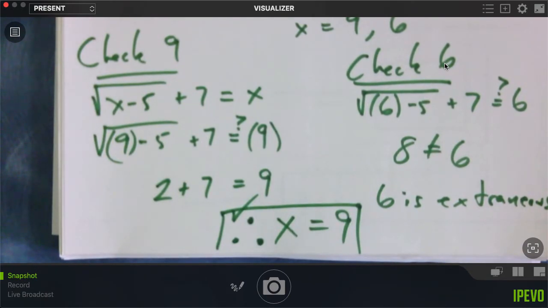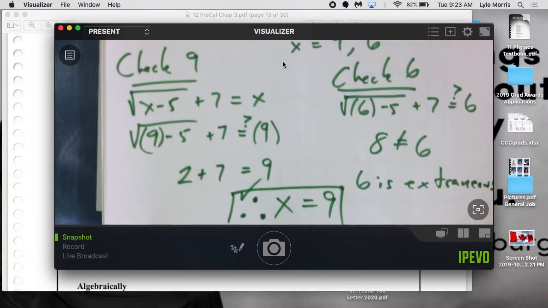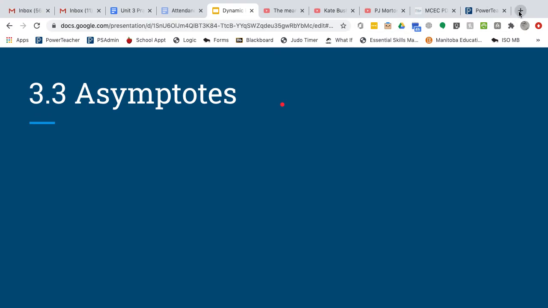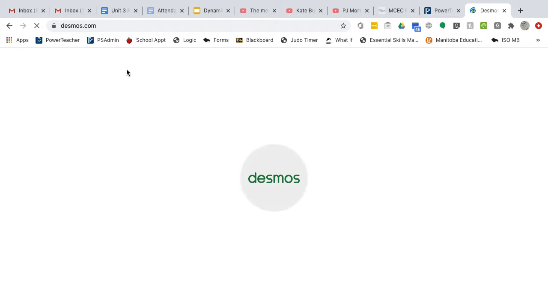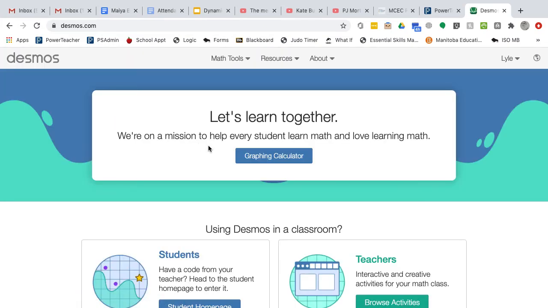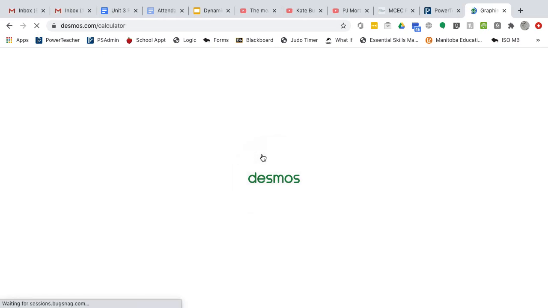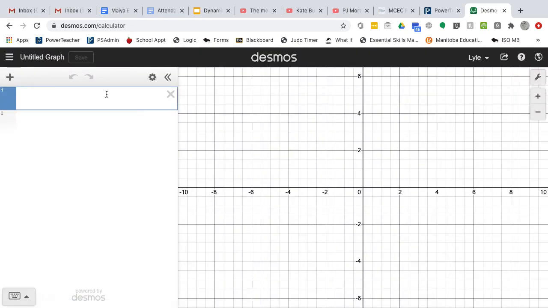Cool. We have to graph that or no? Nope. I can, if you want to see, I'll show you just what it looks like, just so you have the idea. Let's learn together.